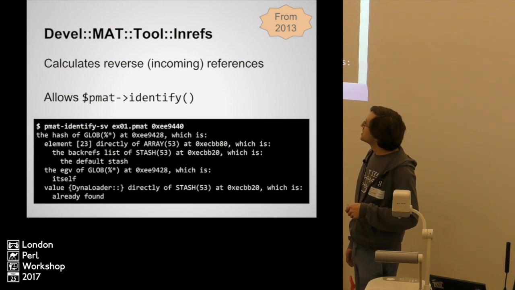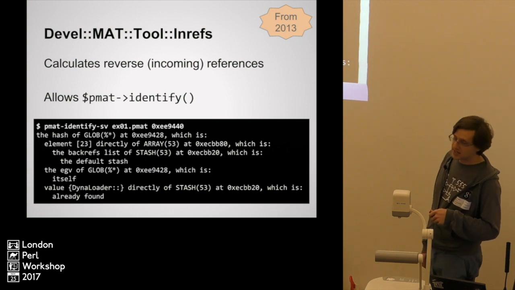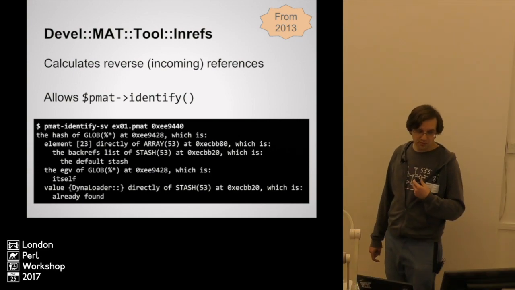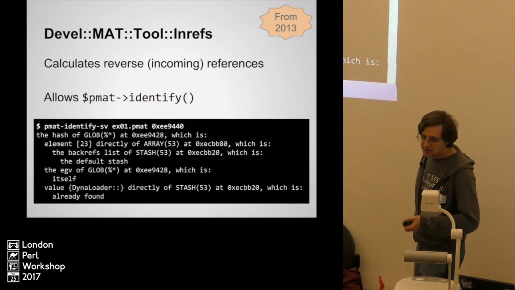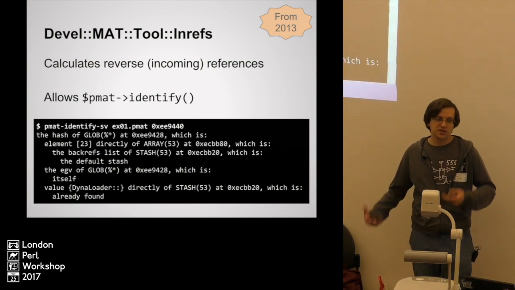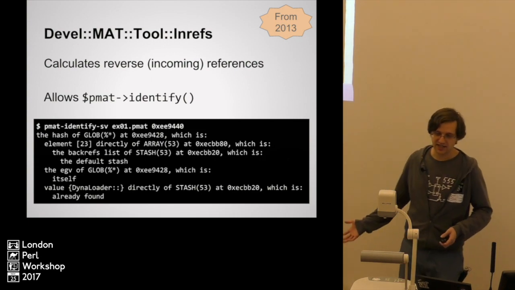It does some analysis and prints out, in this case, where that SV comes from, and then exits. That's annoyingly inefficient, because you're constantly loading the file, which could take several minutes, analyzing it just for one answer, and then exiting again. It's not very nice.